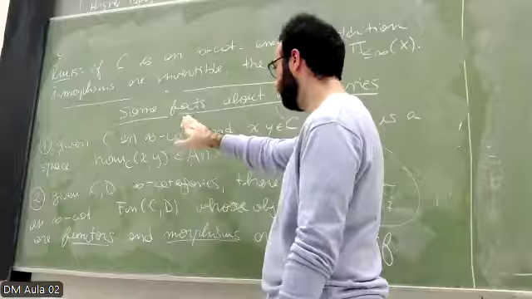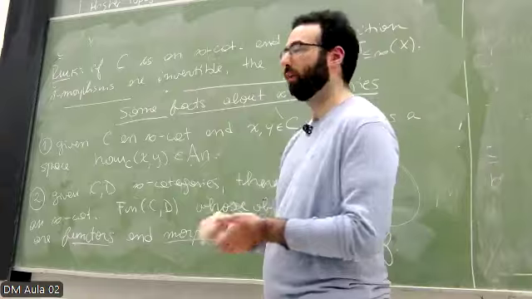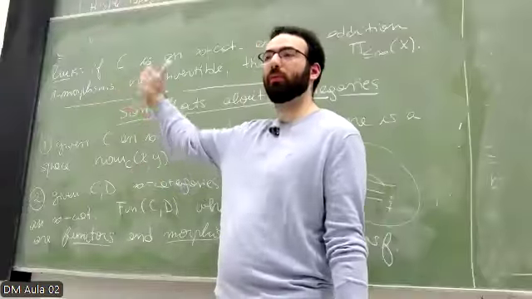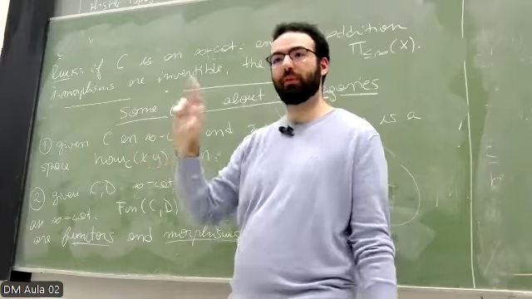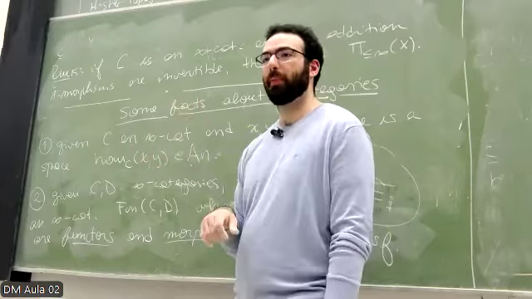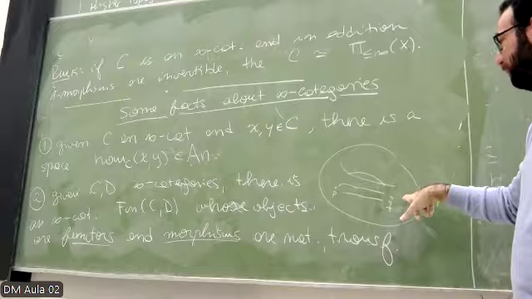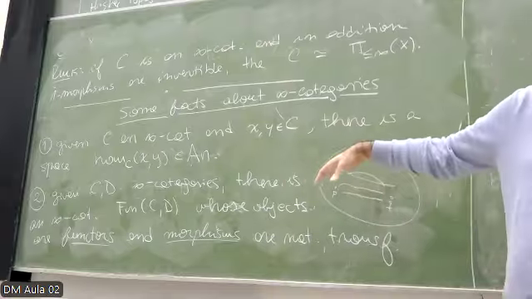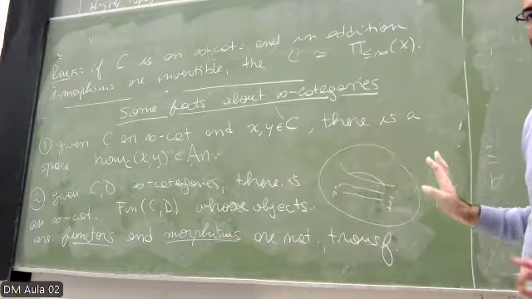Yes, in C, two morphisms are invertible, but two morphisms here would be homotopies between homotopies, and you can always reverse homotopies. Paths you can always go in the reverse order. So in spaces you're okay, I think.